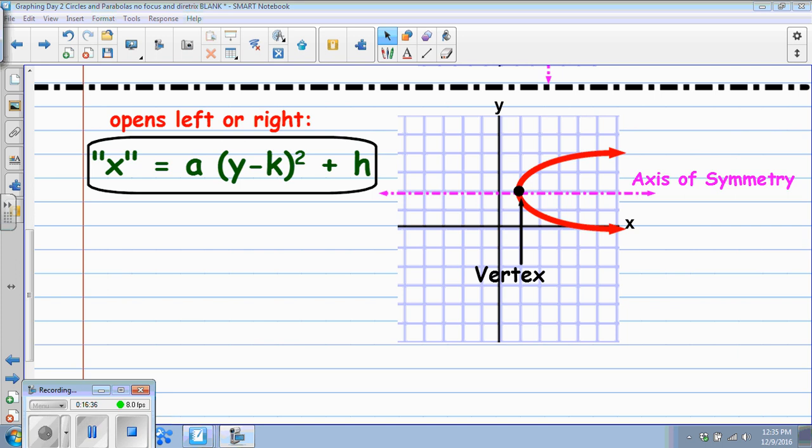If it's x equals, which brings us to the fact that if it opens left or right, it is not a function. If it is not a function, the only thing you can tell me is the vertex and the domain and the range. You cannot tell me increasing or decreasing because, look at this one.